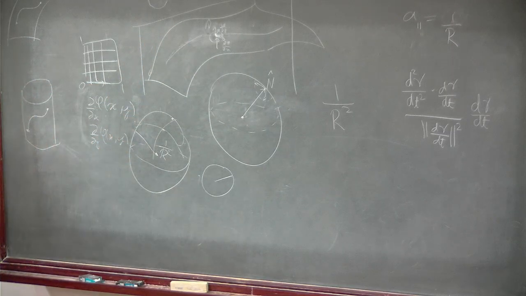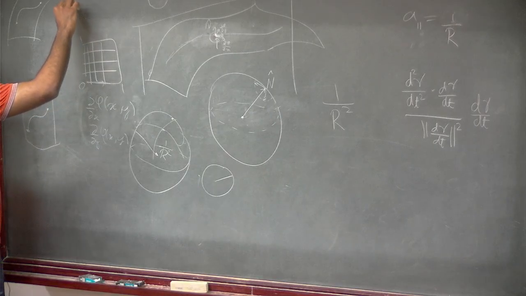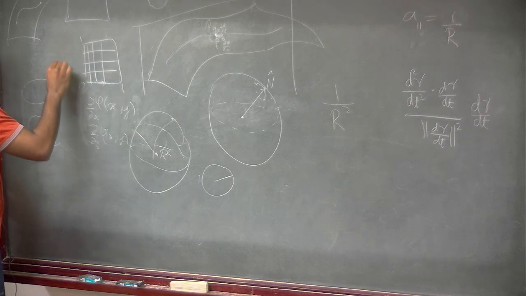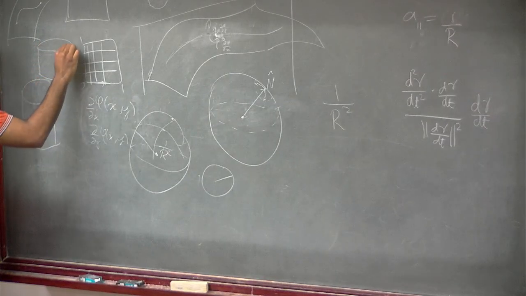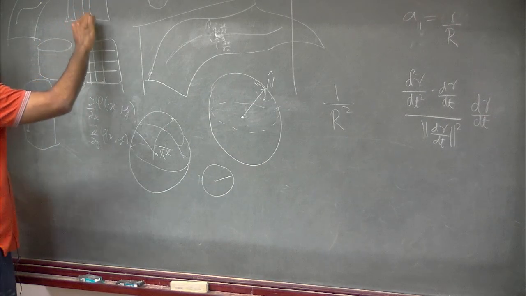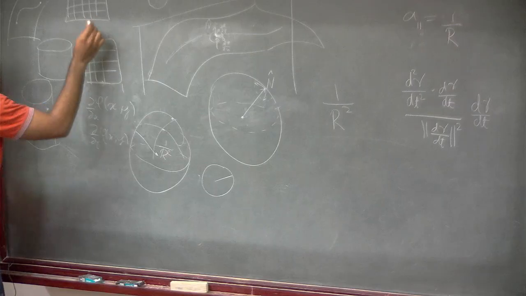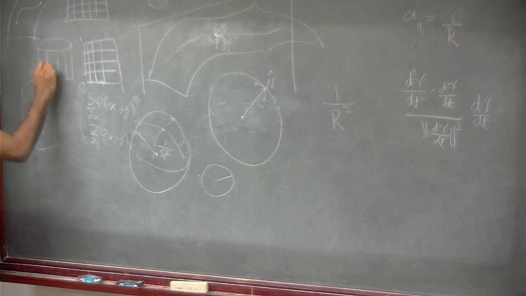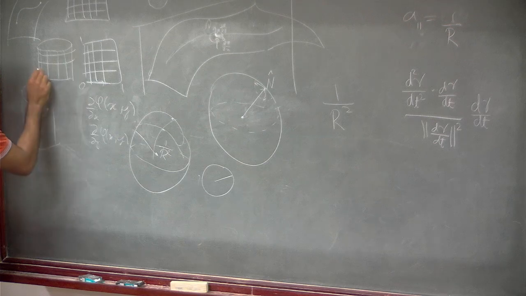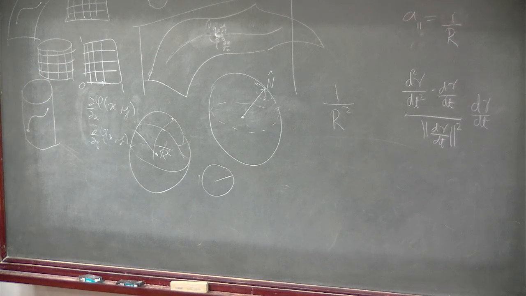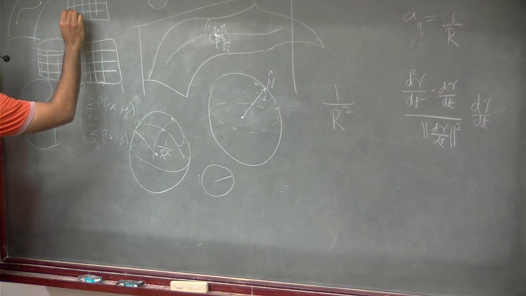But this is saying that, for example, a sheet of paper can be mapped to a cylinder while preserving distances, right? If you imagine these grid lines here, they go to these grid lines around the cylinder, and these grid lines go to these. It's very easy to check locally.